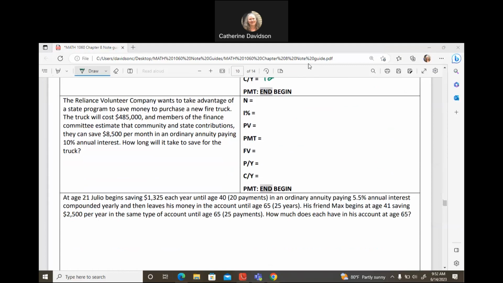So we know it's $8,500 per month. Per month is going to be 12. It's asking how long, so we're going to solve for N. The rate is 10%. So where does the $485,000 go? They want $485,000 to buy a truck. That's going to go in future value.